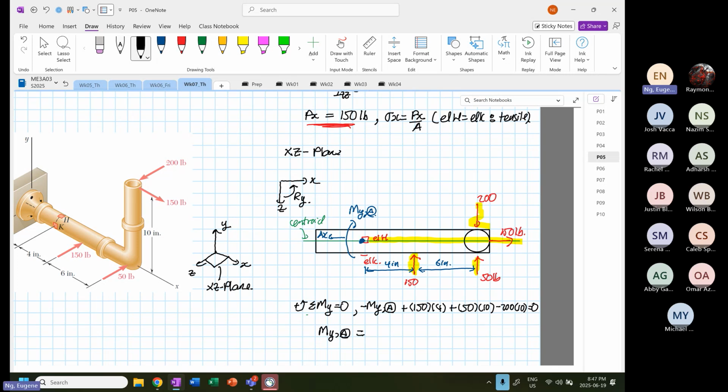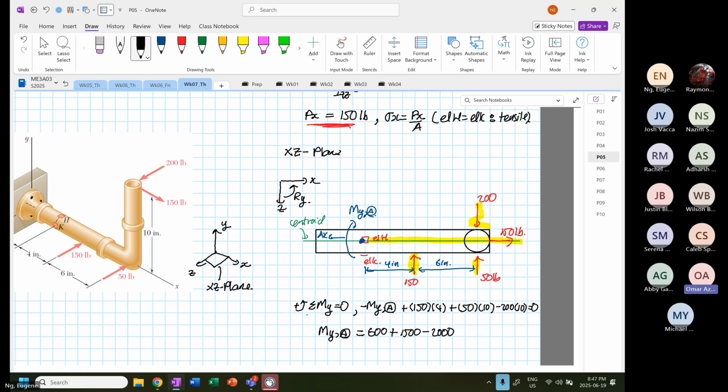So it's equal to 150 multiplied by 4, 600, plus 150 multiplied by 10, 1500, minus 200 multiplied by 10, 2000. So this we get, wait, I think I made a mistake.